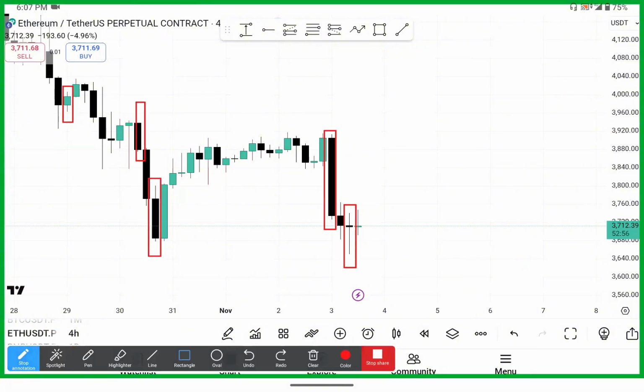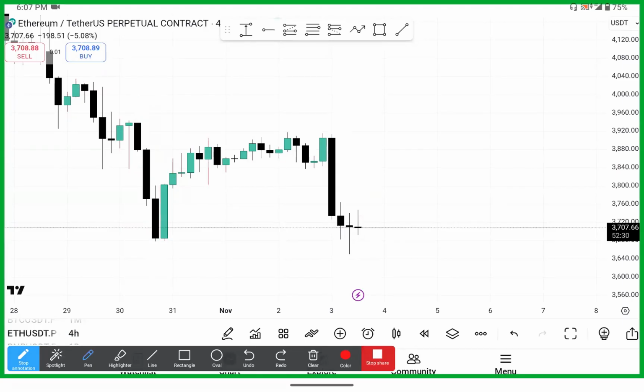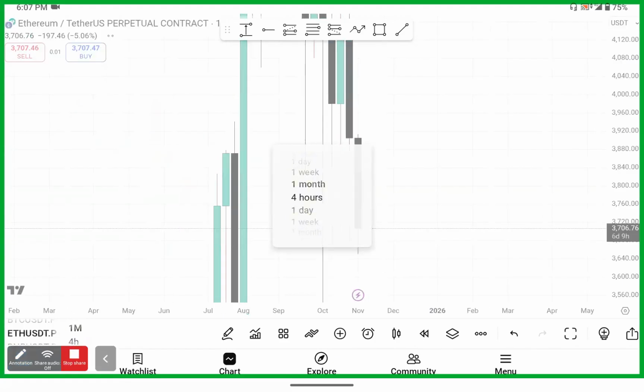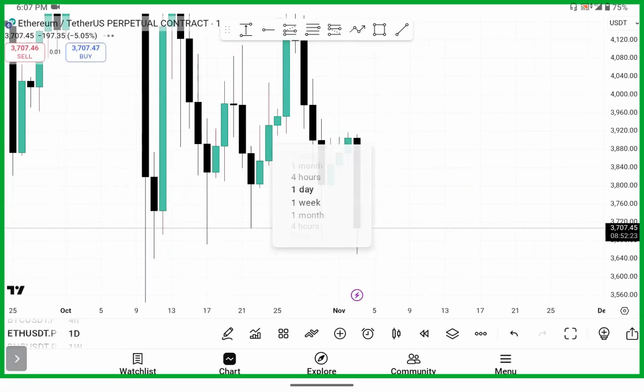Sorry, let me remove that. I hope you are able to see that. So every candle that you see here, since I am in the 4 hours, any candle, as long as I'm on the 4 hours, it took 4 hours to form. It is the same thing when I go to the 1 hour.